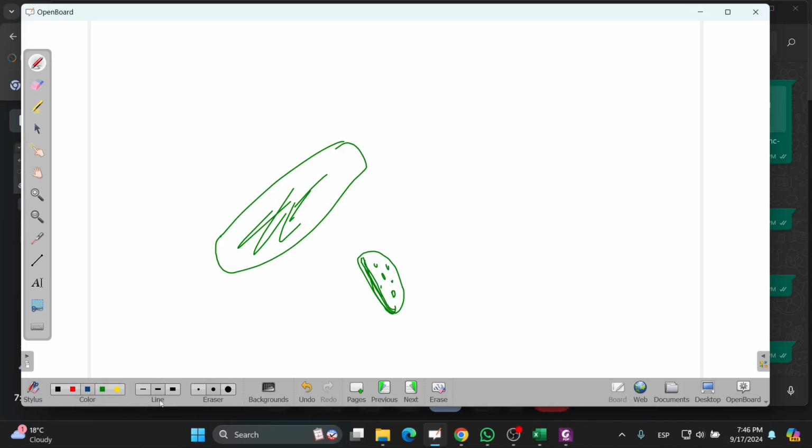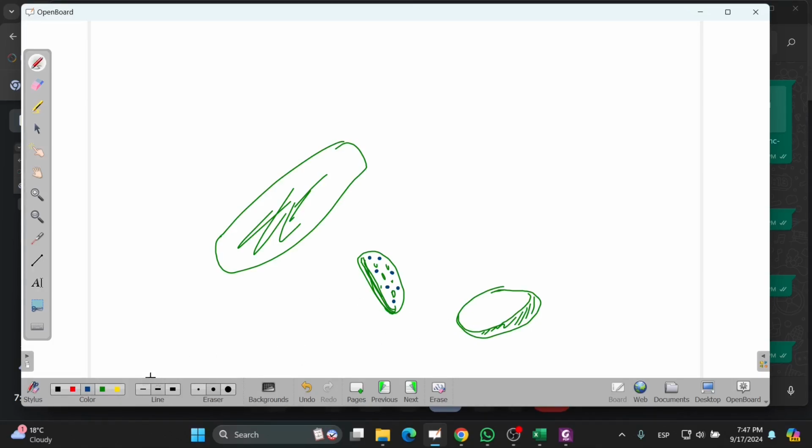Guys, have you noticed that when you sprinkle some table salt on cucumber, water comes out? Have you ever noticed that? I invite you to do that experiment at home next time you prepare a cucumber salad, guys.